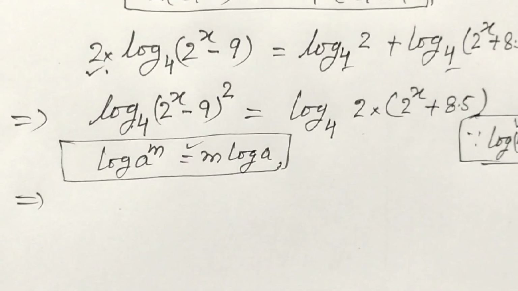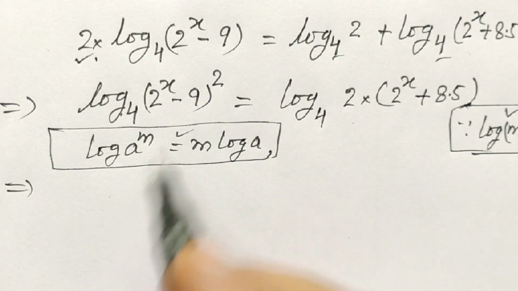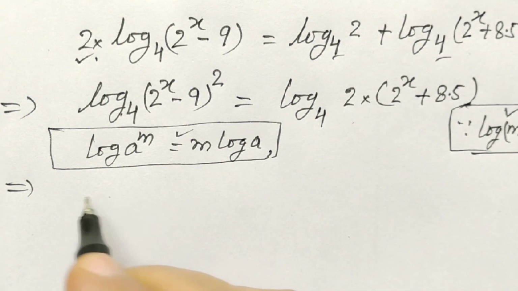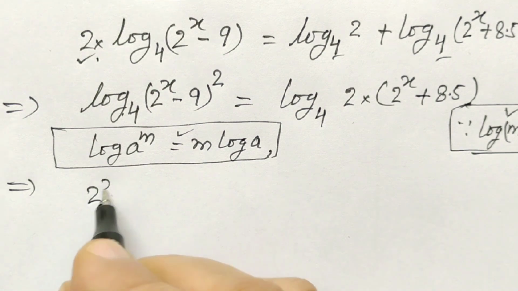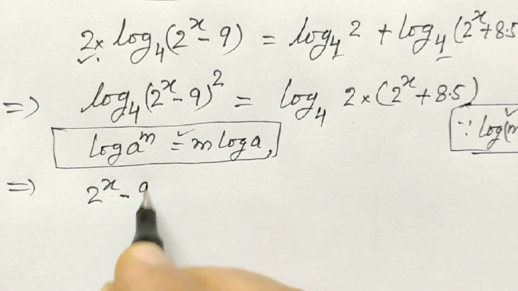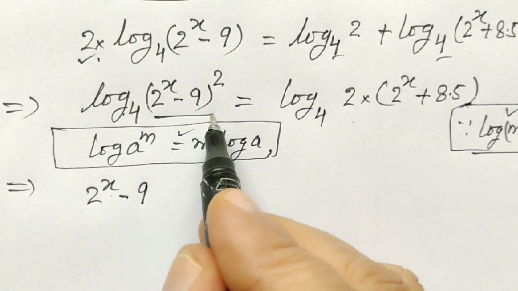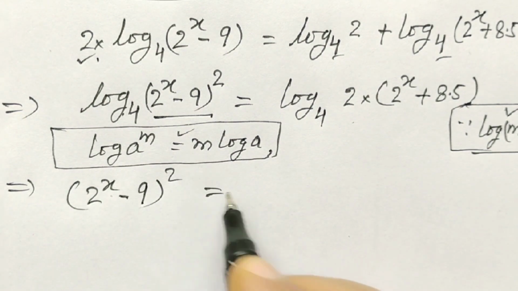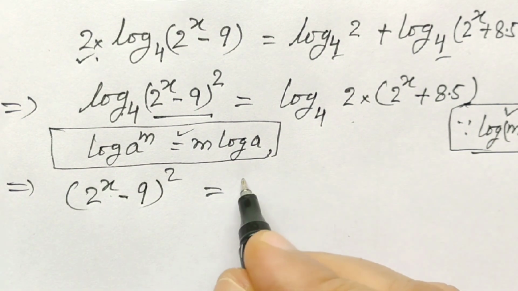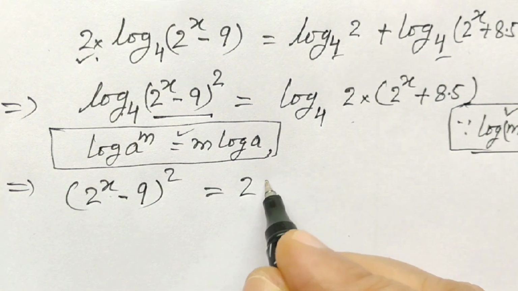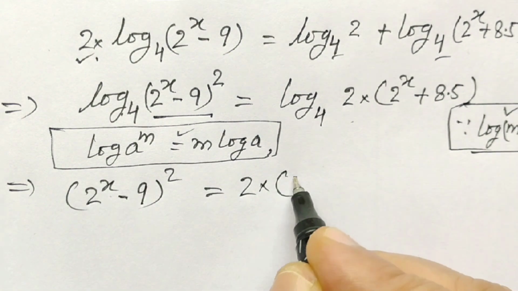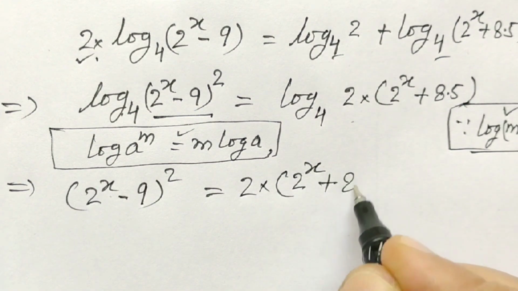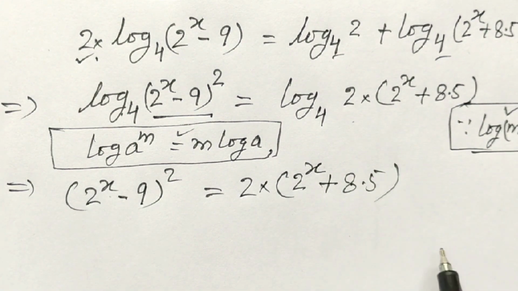Now if we remove log on both sides, 2 to the power x minus 9 squared will be equal to 2 into 2 to the power x plus 8.5.